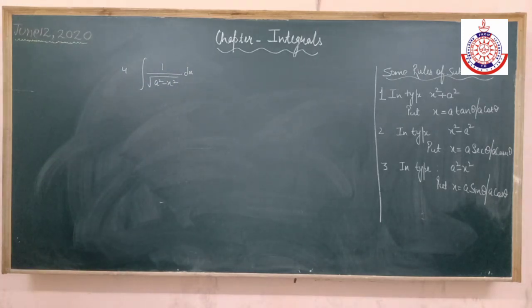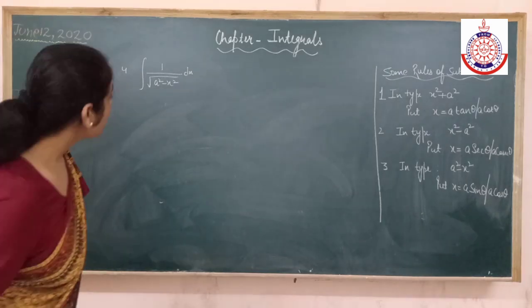Alright, the sequence, whatever we wrote, if suppose we solve 1 upon under root a square minus x square, or if you want to follow the sequence, we did x square minus a square. So that's up to you.